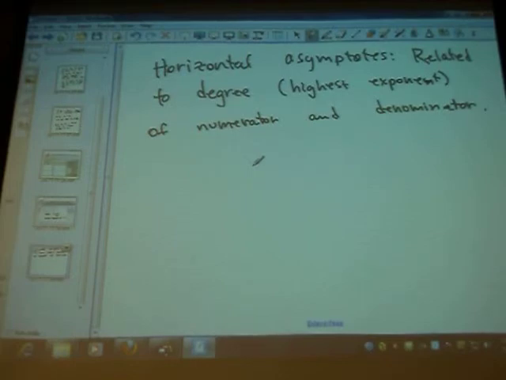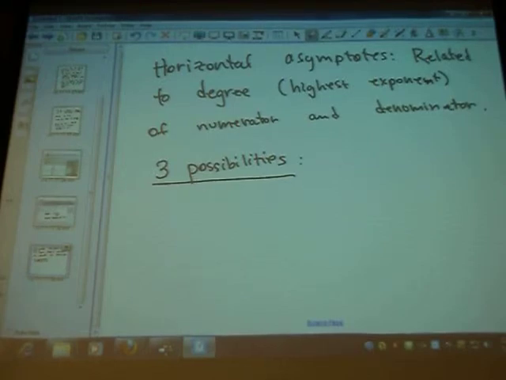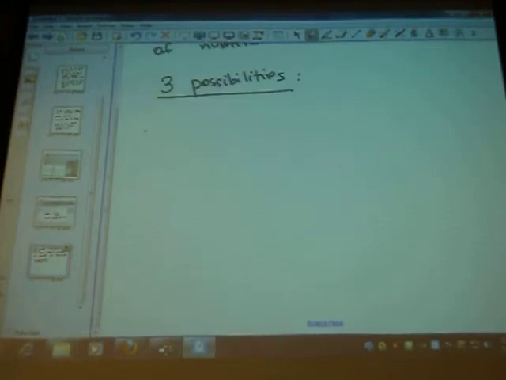Let me write them down. Okay. There's 3 possibilities. If you guys want to guess what the case is, we would be here for a while. The possibilities are you can have a higher degree in the numerator.